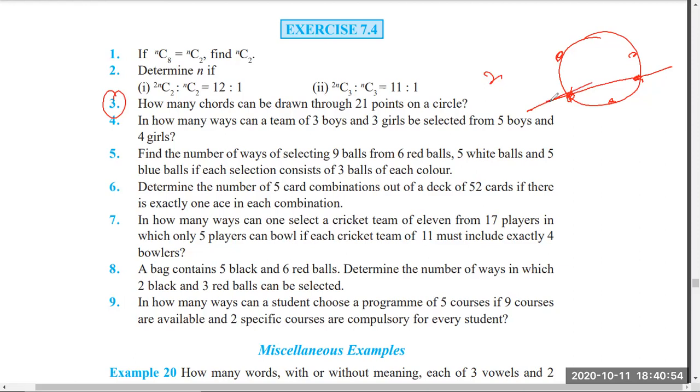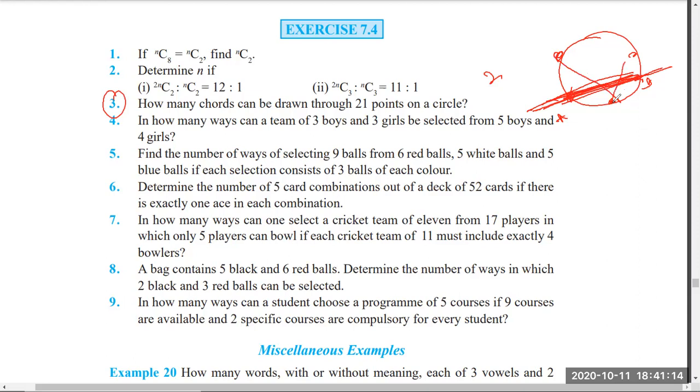If you consider this is point A and point B, a chord through this is AB, and BA cannot be counted again, because both are the same. So this is nothing but a selection kind of thing. You don't need to repeat the order.